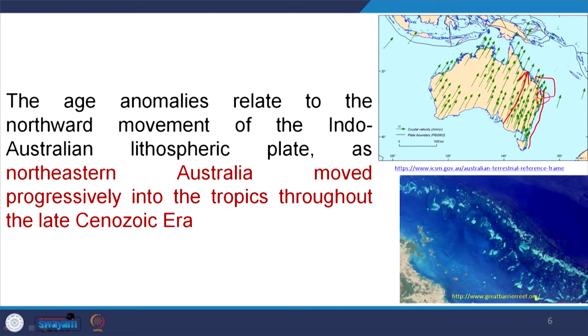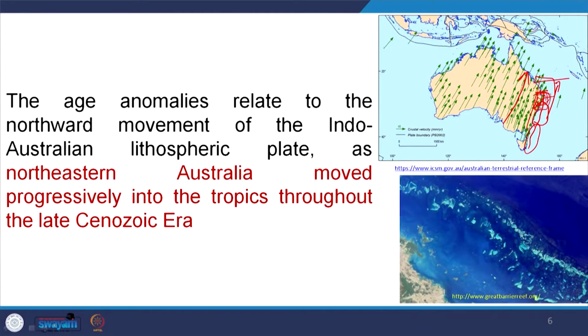With time, from 25 to 16 million years, the plate moved further northeastward, and the coral reef started forming in each new position. So, the age anomalies are related to the northward movement of the Indo-Australian lithospheric plate, as northeastern Australia moved progressively into the tropics throughout the late Cenozoic era.